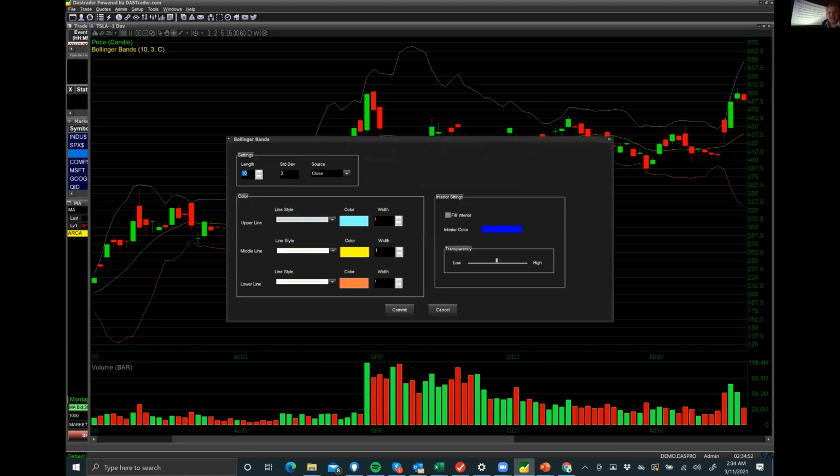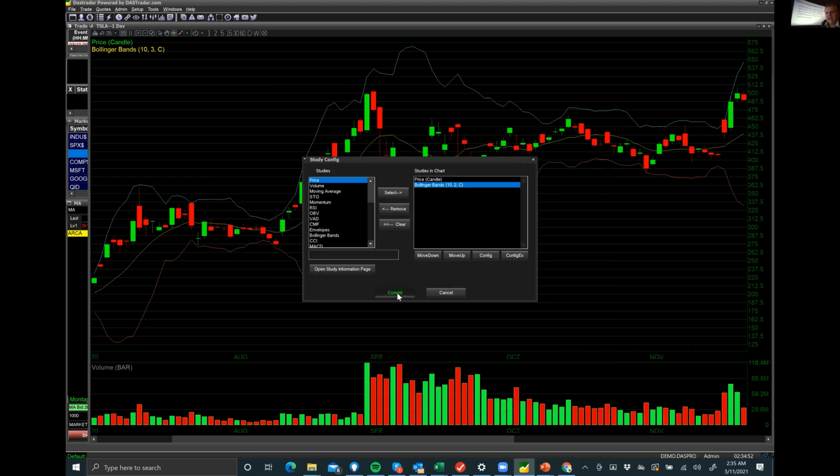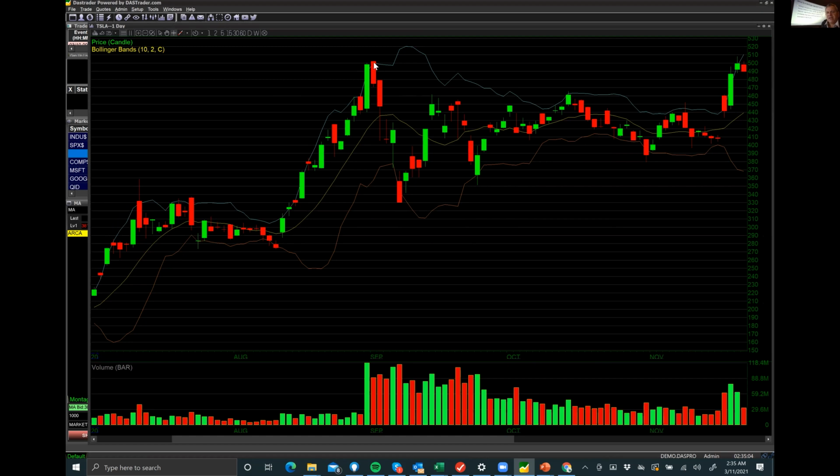At 2 standard deviations, what happens is that occasionally price will go outside the upper envelope, which would be overbought. And sometimes price will go under the lower envelope, which would be oversold.